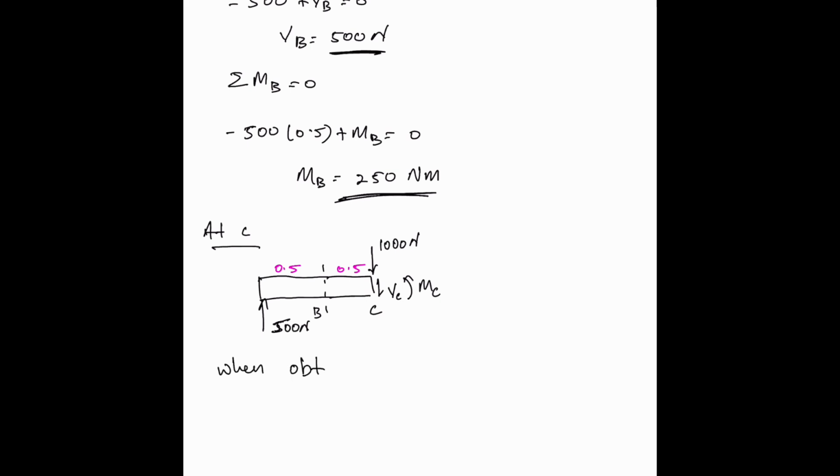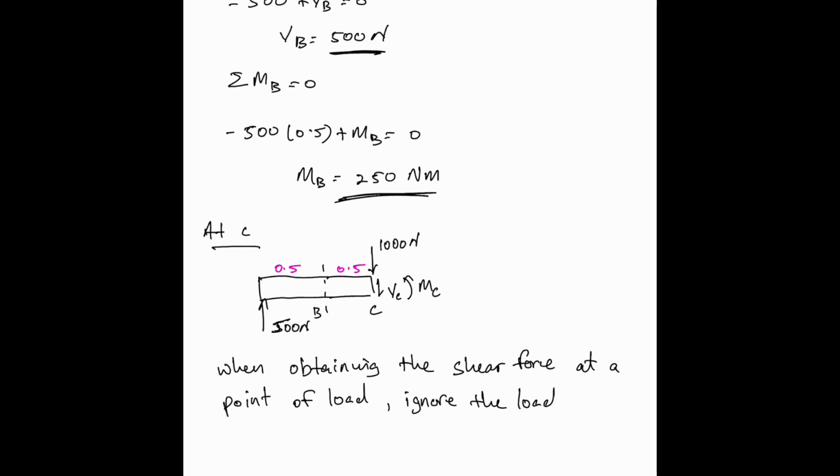I'll make a note here. Remember to make your notes as you go along too. When you're calculating the shear force at a point of loading, as in this case where we have the 1000 newtons here, first you want to ignore the load force.